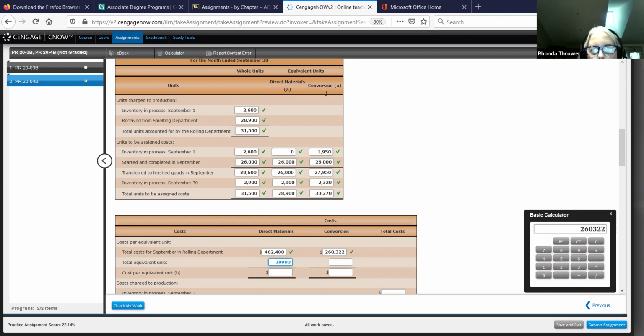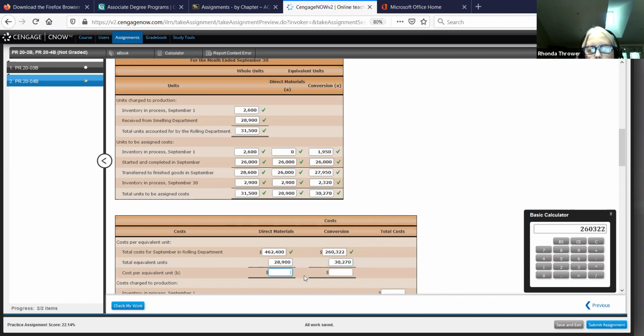And for conversion, the total equivalent units was 30,270. You're going to divide your units into your cost to get a cost per equivalent unit.